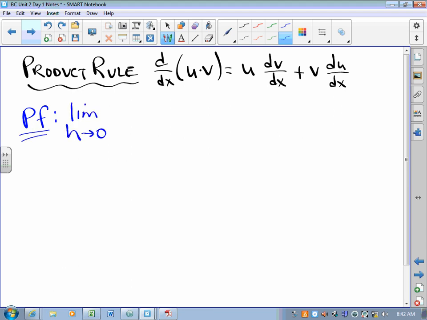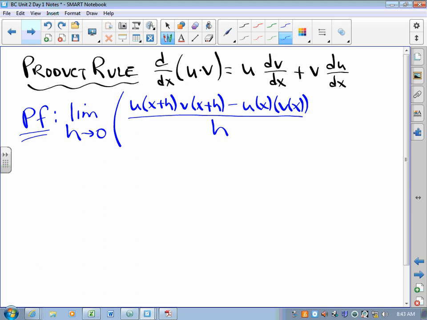Going to take a limit as h approaches 0 of f of x plus h minus f of x over h. That's by definition, limit as h approaches 0, function at x plus h minus function at x divided by h.